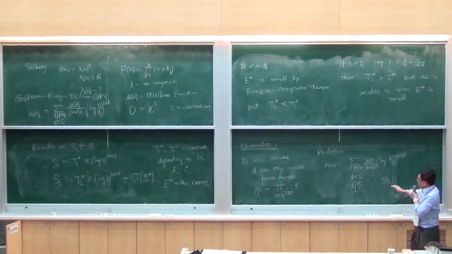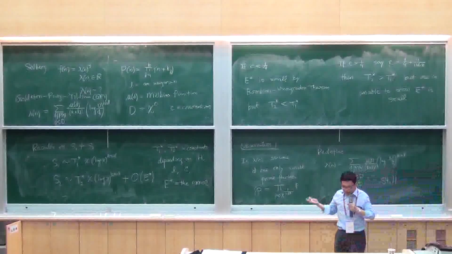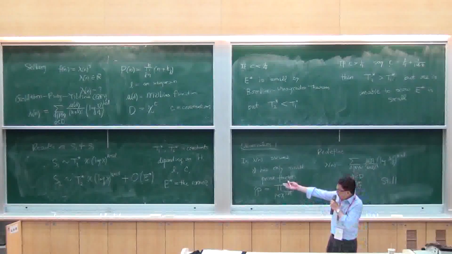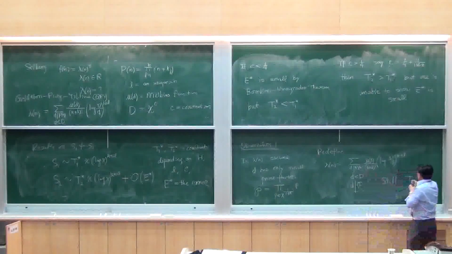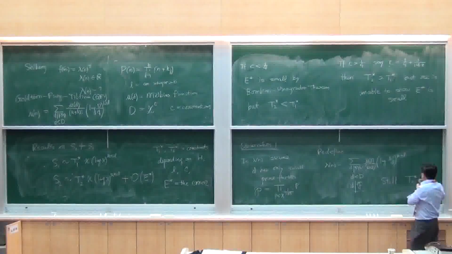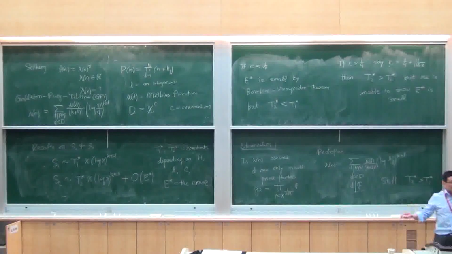Still, if we impose such a constraint, then we recount and re-evaluate S1 and S2, and we get something. If we consider the coefficients of the major terms, S2 is still larger and S1 is smaller.